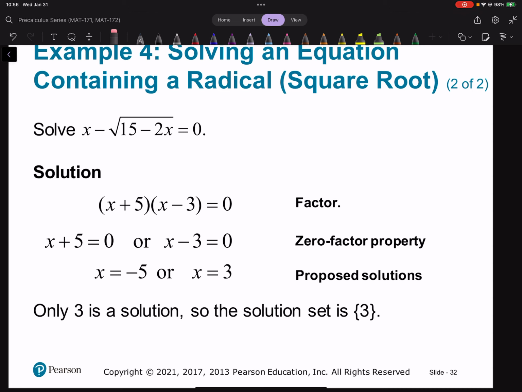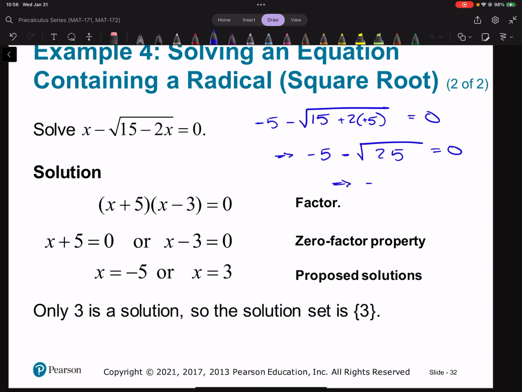But when we plug in -5 for this problem, we have -5 minus the square root of 15 minus 2 times -5, which is 10. So we have the square root of 25 here.